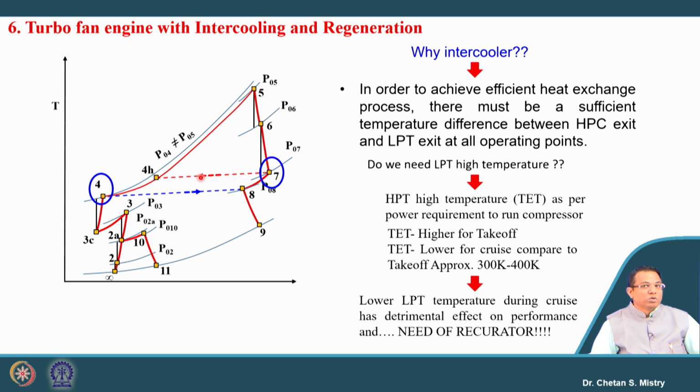If this temperature is lower, there is no purpose of incorporating this recuperator. So you need to be very careful in selecting or designing this cycle as well as this engine. Just realize the reason why we have the combination of intercooler and regenerator. There is a specific reason behind the selection of this device.